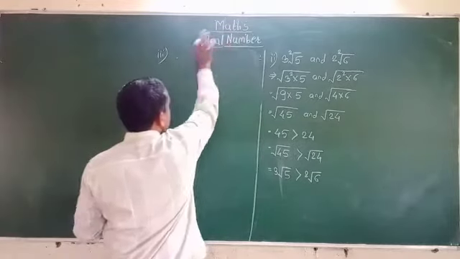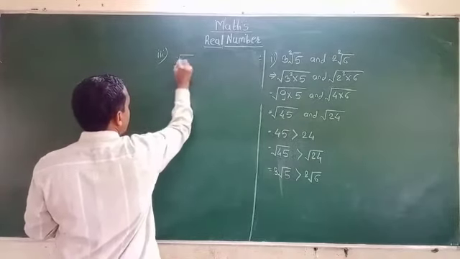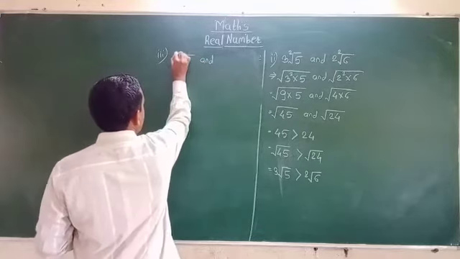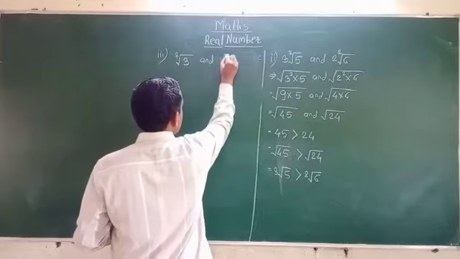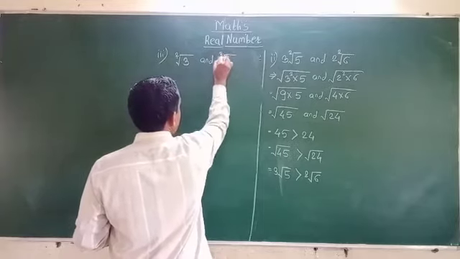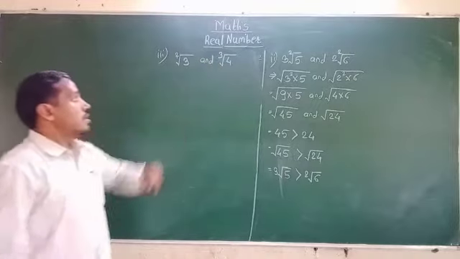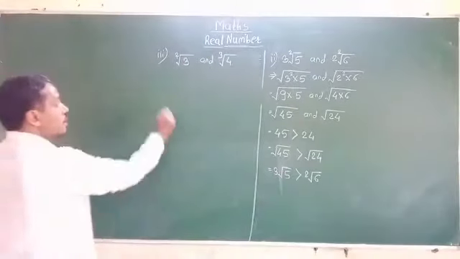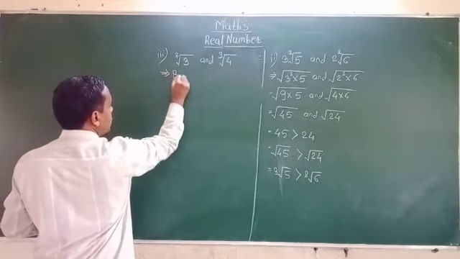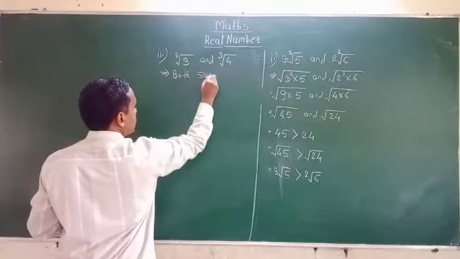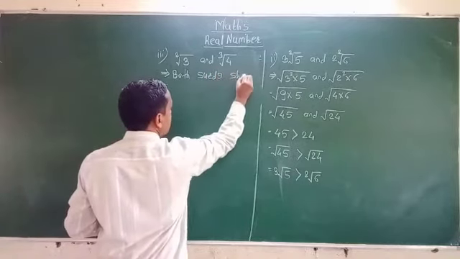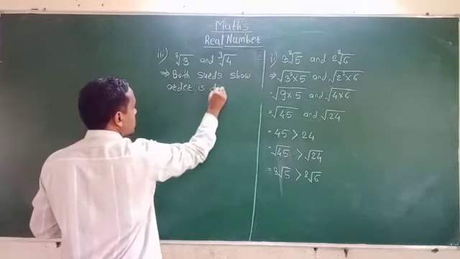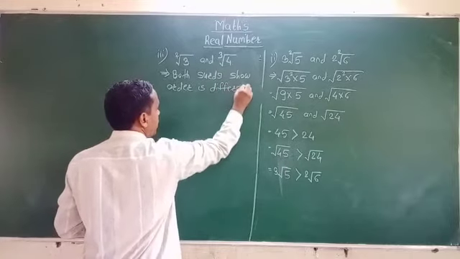Let us take the third example. In that example, one surd is the square root of 3, whose order is 2, and the other is the cube root of 4, whose order is 3. Both surds show different orders.